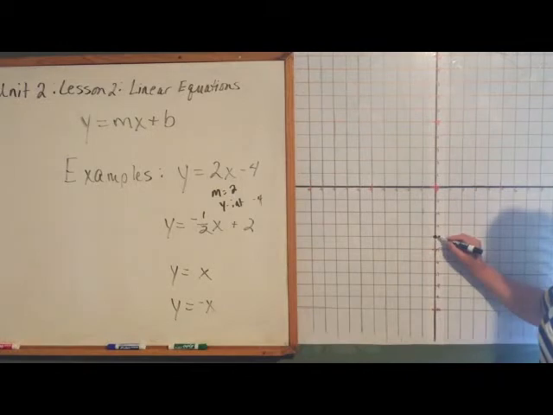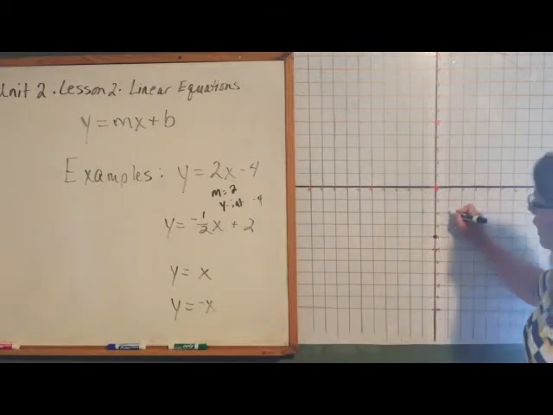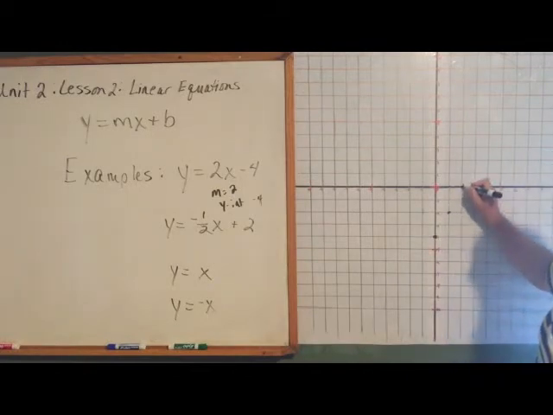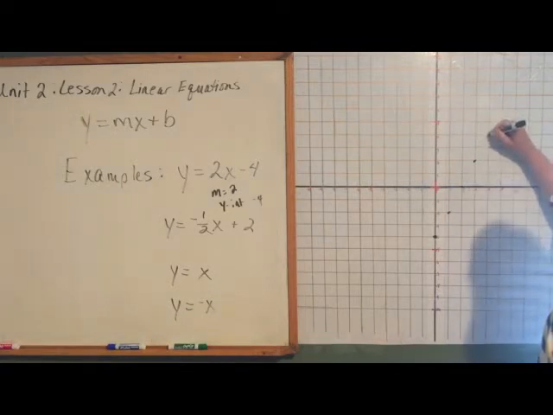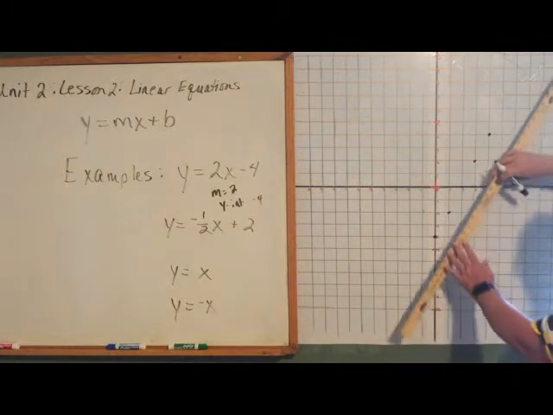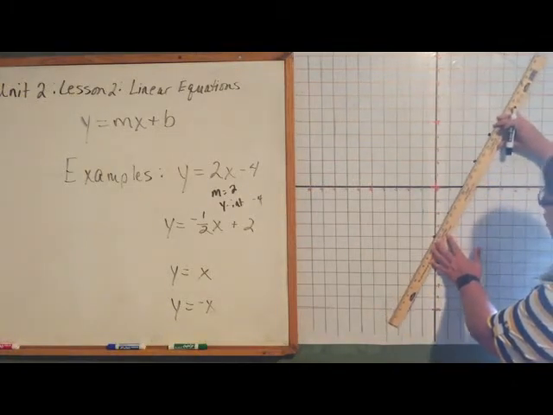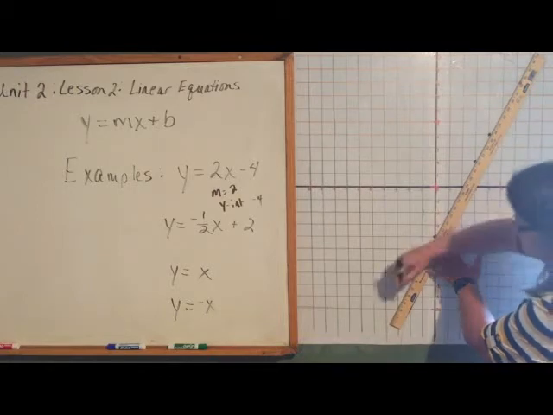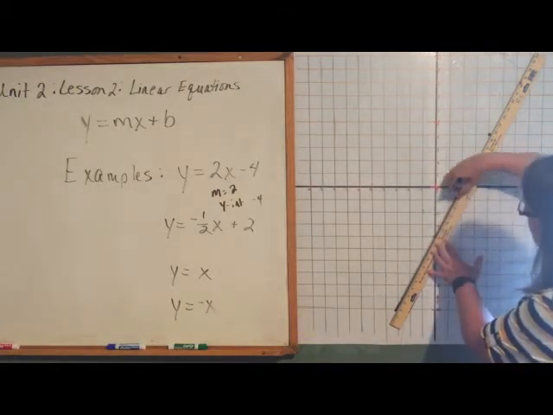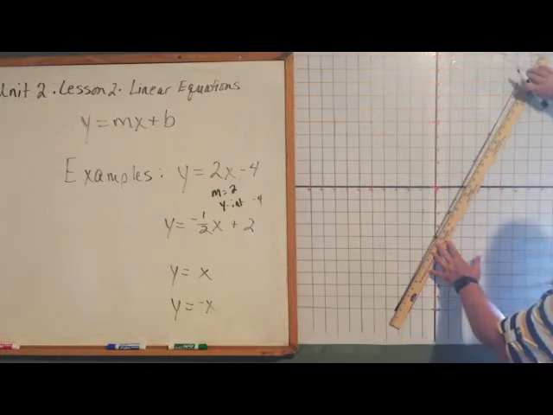So from this ordered pair, I'm going to go up 2, right 1. And I can continue that pattern and do several more points to get a good idea of where my line is going to be. I always use a ruler if I'm graphing these by hand so that I can make sure I get an accurate graph of what I'm looking for.